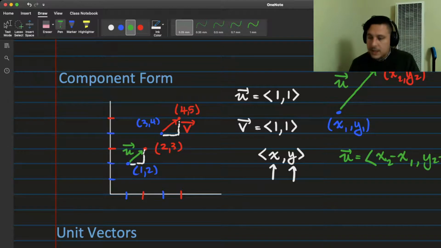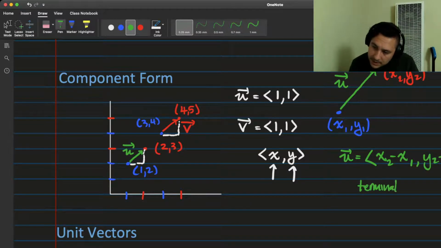In other words, you take the terminal value minus the initial value.